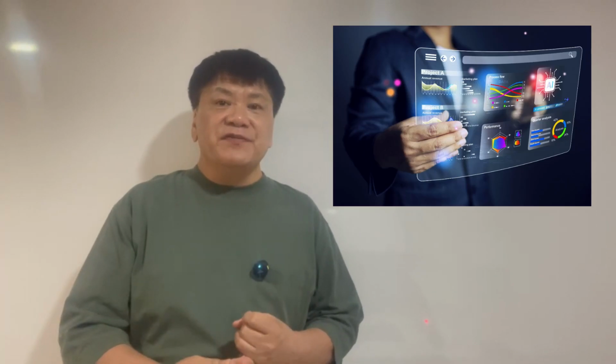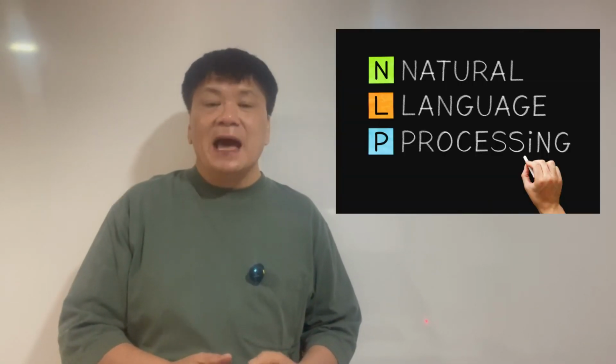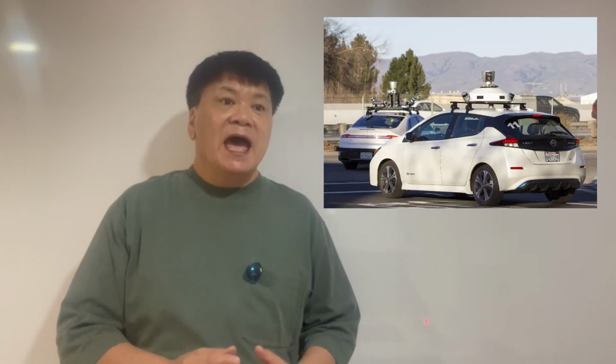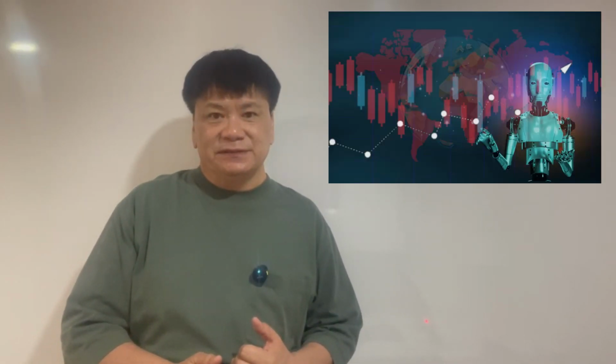These tasks include learning from experience, recognizing patterns, solving problems, understanding language, making decisions, and predicting outcomes. In simple terms, AI enables machines to learn from data and make intelligent decisions.